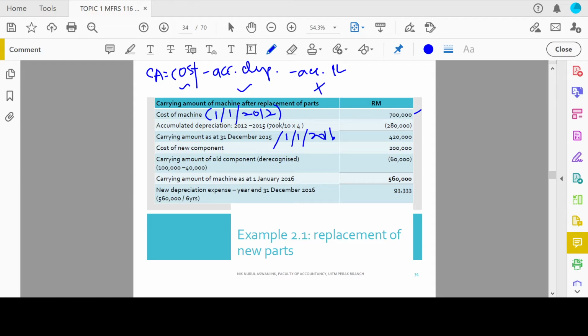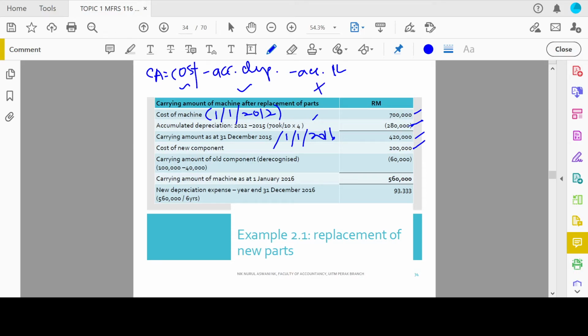So accumulated depreciation is 700,000 divided by 10 times 4, equal to 280,000. Therefore, the carrying amount at the end of year 2015 or at the beginning of year 2016, the closing balance and opening balance, should be the same, is 420,000. Then we add the cost of the new component, 200,000.